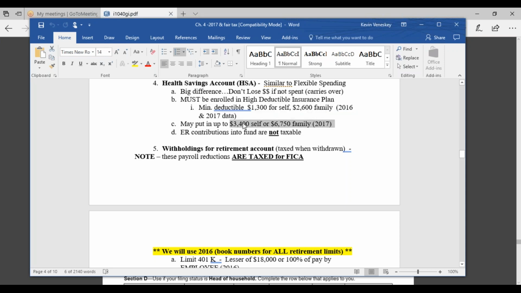Remember, the flexible spending was only in the 2000s, whereas the HSA is up to $3,400. And then if you have a family, so 2 or more, you can put away up to $6,750 in tax-free money that you would then pay medical bills with. Anytime your employer puts money into that, like we had said earlier in this lesson, that money is not taxed either.